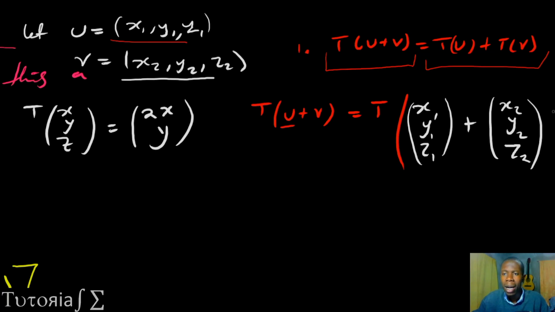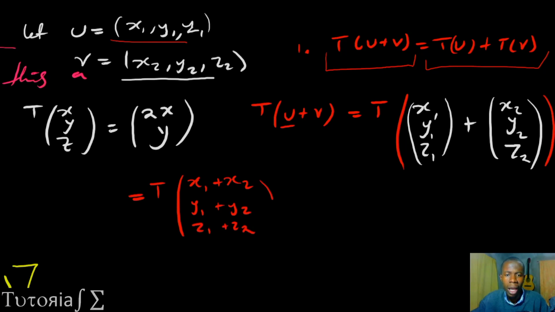So we add them up. Adding them, we're going to have the transformation of x1 plus x2, y1 plus y2, z1 plus z2. Now we need to transform this.